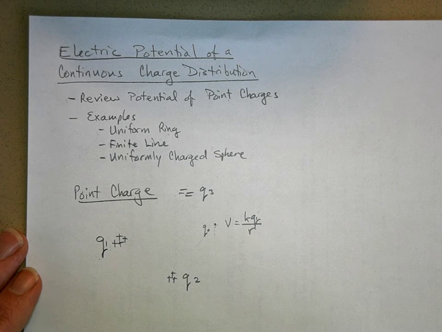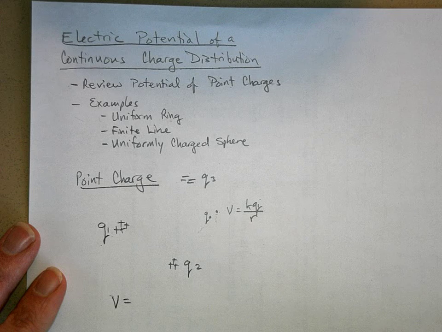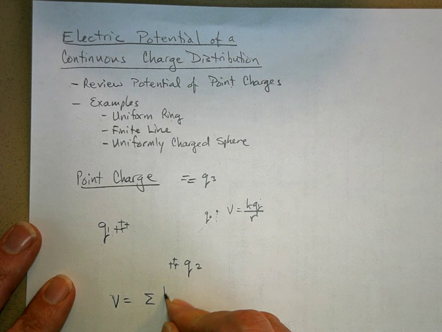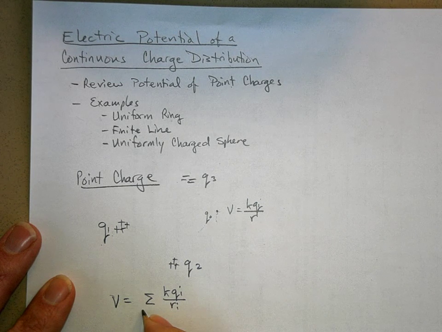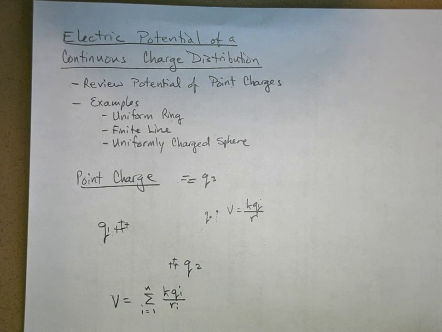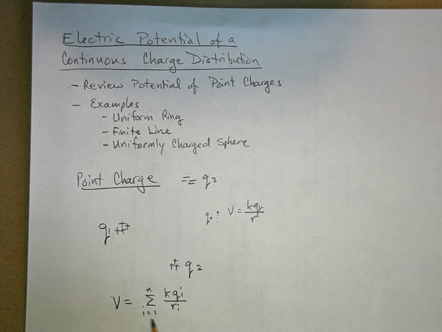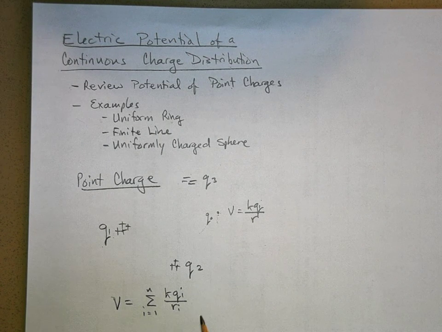The principle of superposition applies, and so the voltage for multiple point charges is the summation of Qi over Ri, where i equals 1 to n, and n is the number of charges you have. In this case, 1 to 3. Now this is a nice equation, again, because unlike the equivalent equation for electric fields, there's no r hat here. You don't have to worry about direction. So it's very, very nice.